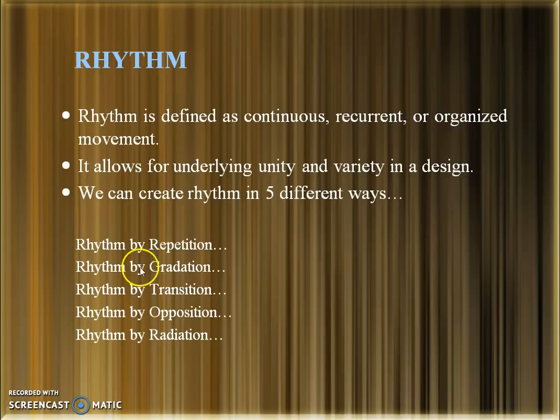So it allows for underlying unity and variety in a design. We can create rhythm in 5 different ways. The first is rhythm by repetition, second rhythm by gradation, third rhythm by transition, fourth rhythm by opposition, and fifth rhythm by radiation.